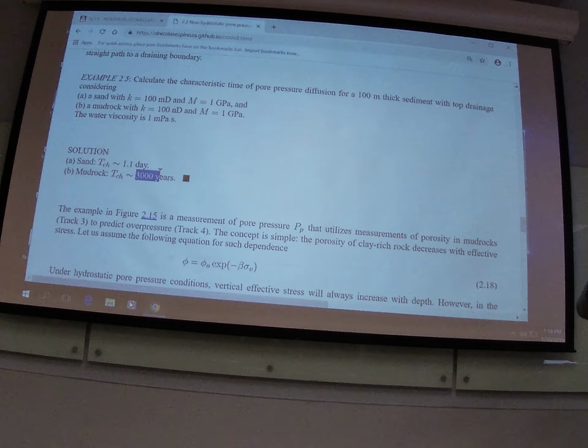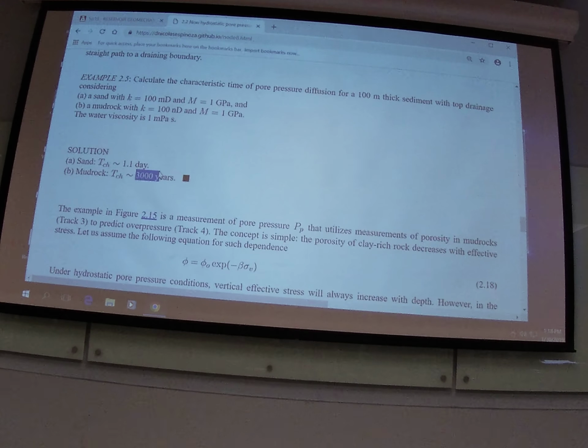That's when we're saying that it takes a long time for water to get out of tiny pore spaces. Well, in this case, in shale, it would take about 3,000 years for that pressure to equilibrate. If you do not have that time, you're going to have overpressure.